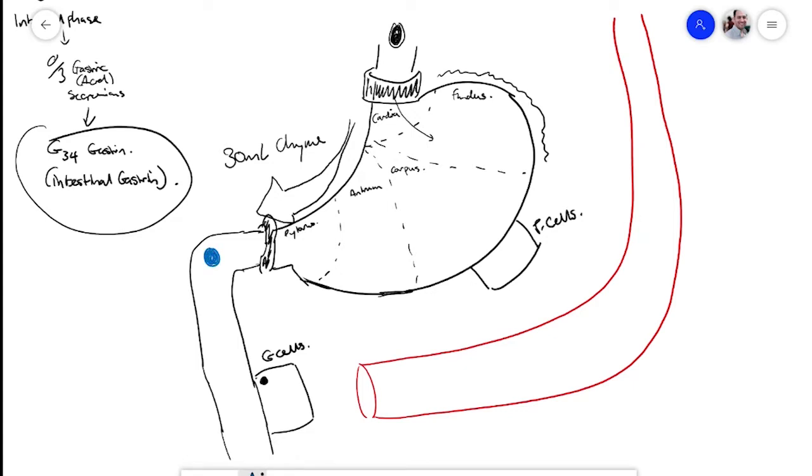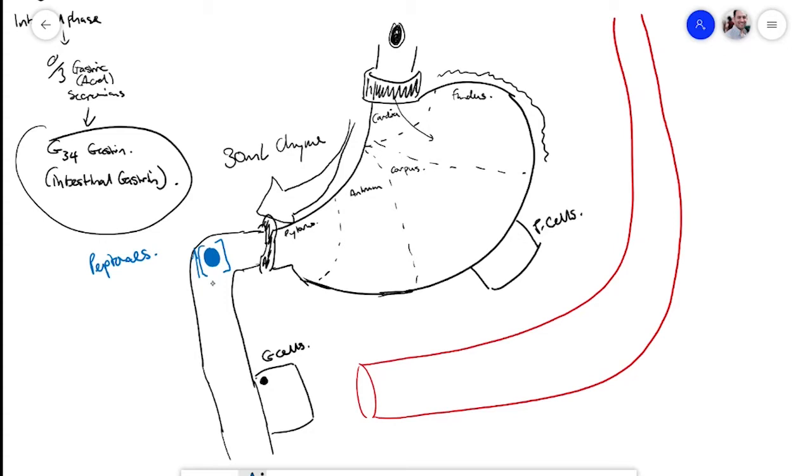This blue thing represents partially digested proteins, which are called peptones. So, we can agree that we have now increased the concentration of these peptones in the duodenum.